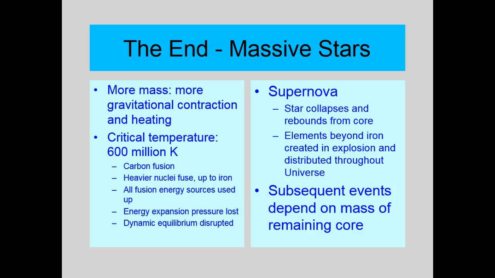More gravitational contraction and heating, okay? Now, they tell you this here. Remember, 10 million K was where hydrogen fused to helium. That's when you start the nuclear reaction. When you reach 600 million K, that's where carbon fusion starts.